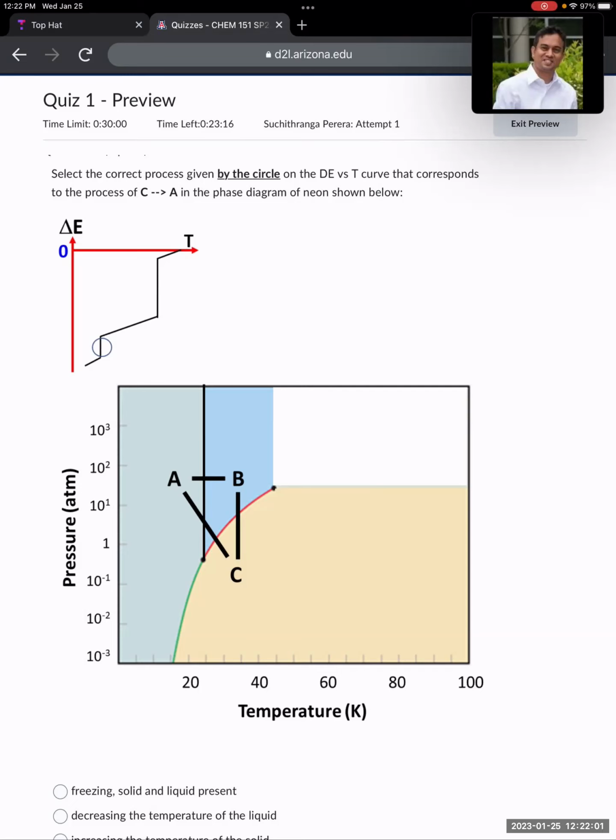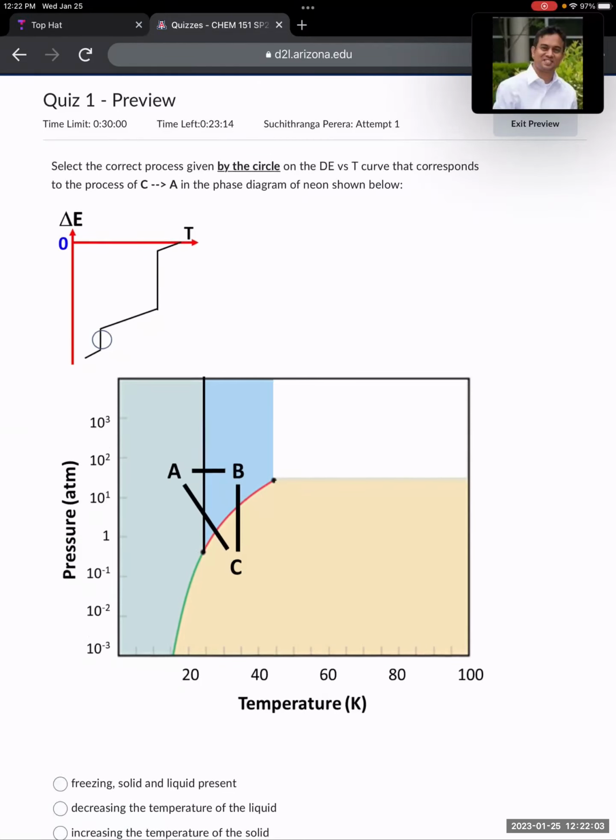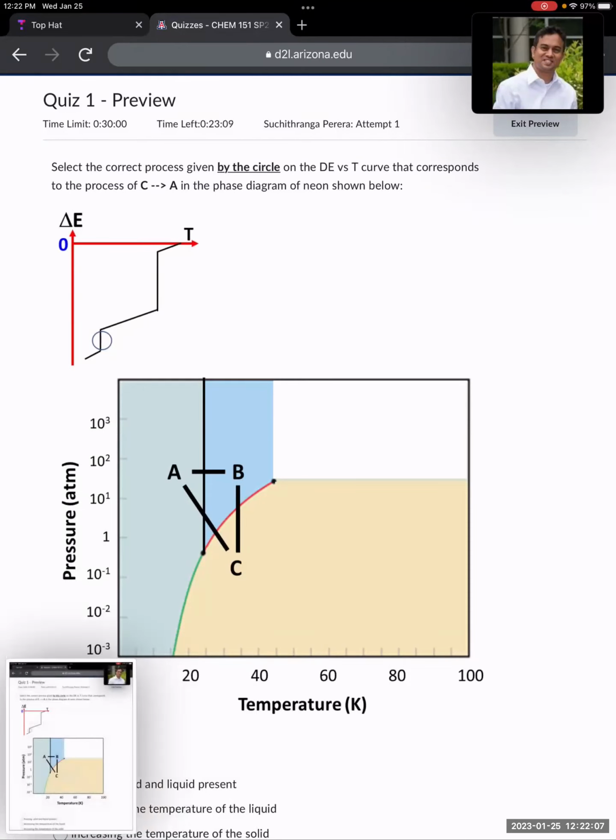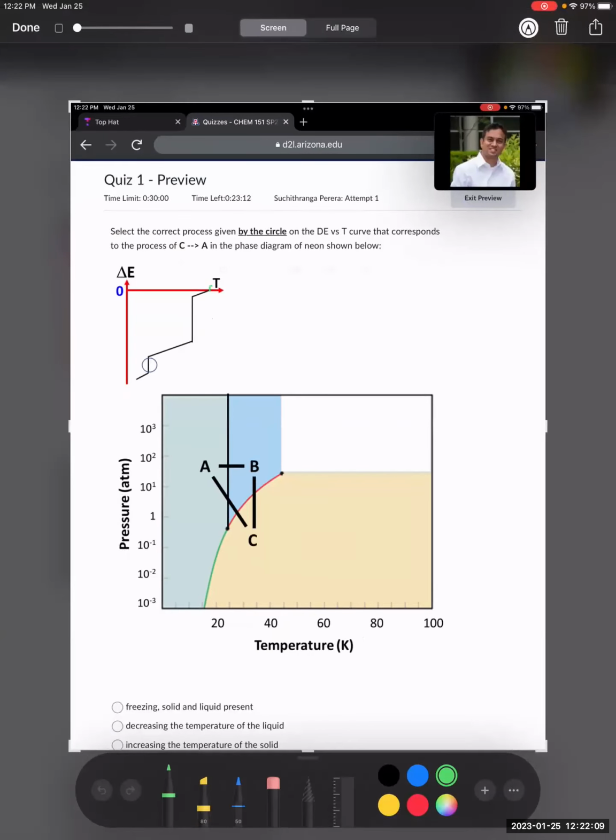So our starting point, let me actually do this in a different way. Okay, so we are starting at delta E equal to 0. That's our starting point, because we haven't done anything to the system when delta E, or change in energy, is 0.